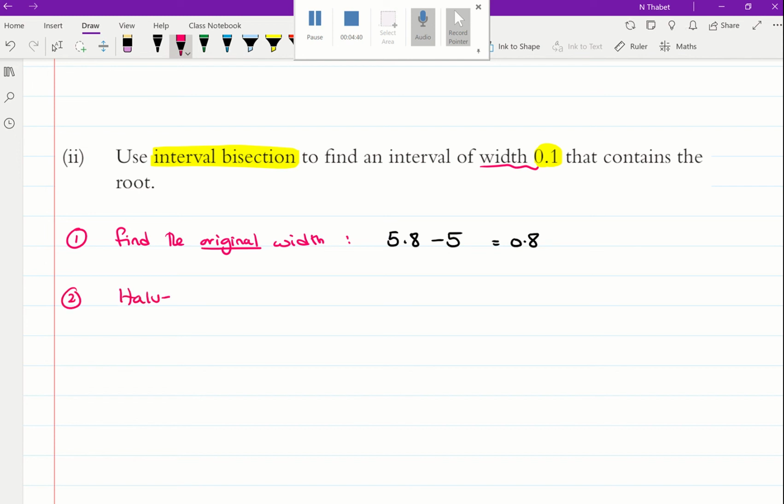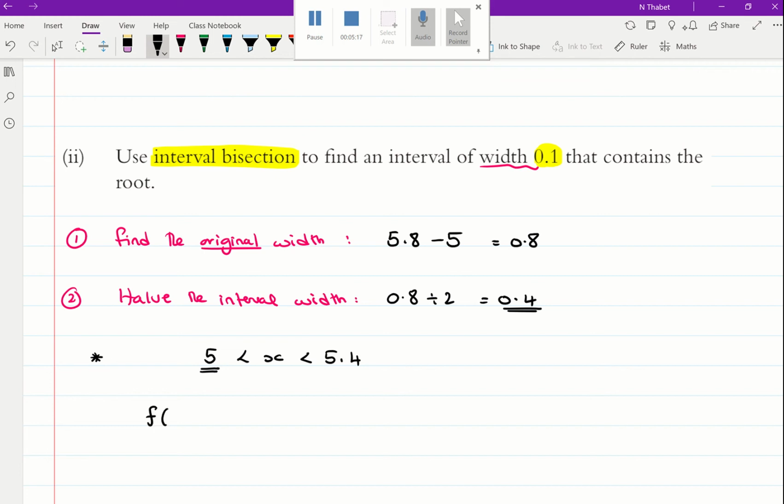So half the interval width: 0.8 divided by 2 is 0.4. And that's the width that I'm going to start with. I'm going to try from 5, so I always start with the first number in the interval, but I'm not going to go to 5.8, I'm going to go to 5.4.